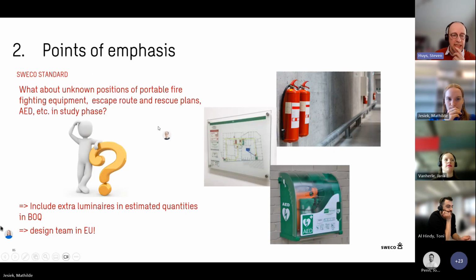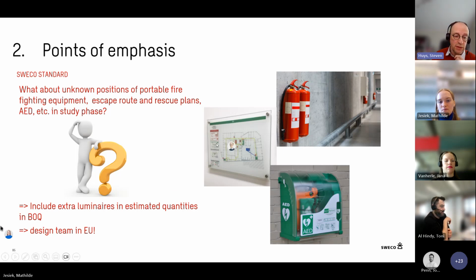Then, the problem we always have with the portable fire extinguishing equipment, like we see here, and now the extra problem with the escape route and rescue plans, those things will for sure not be known in the study phase.